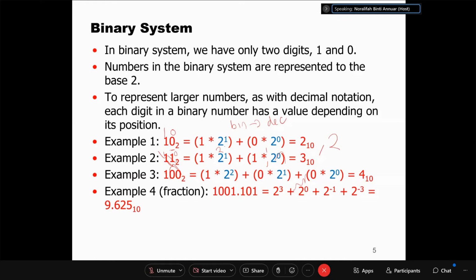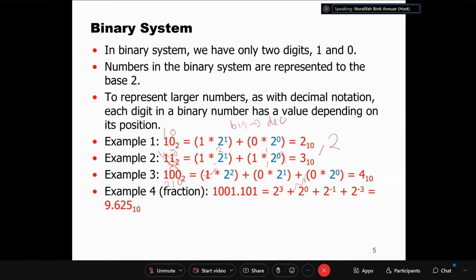Okay. Example number 3 is the same thing, just they increase the value. So 100, so you have 3 position here. So position awak akan ada 0, 1, 2. Now you darabkan 1 kali 2. What is position of 1? It is 2. 0 multiplied by 2, what is the position of 0? It is 1.